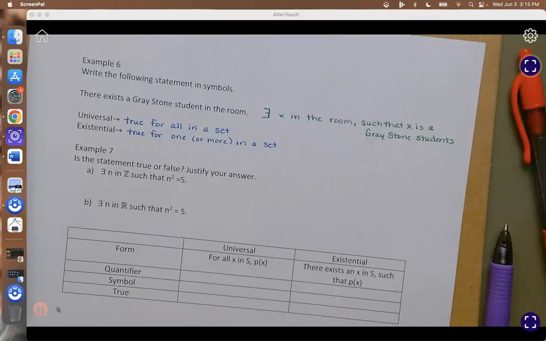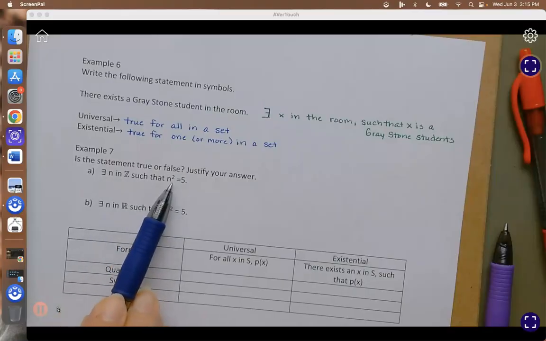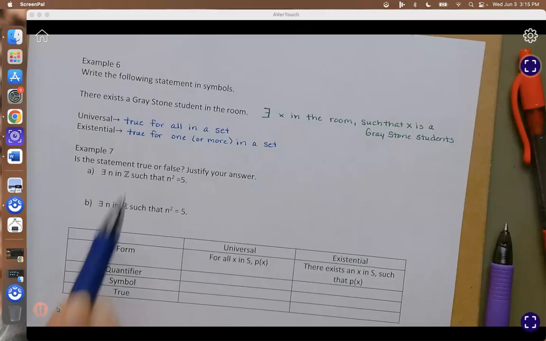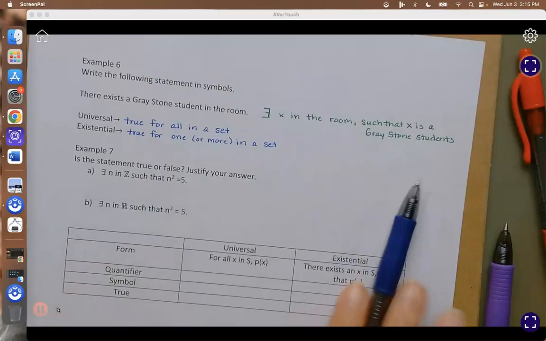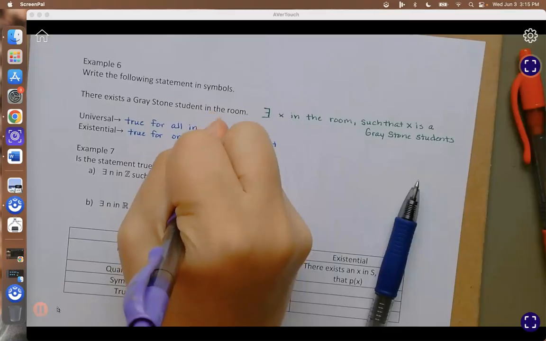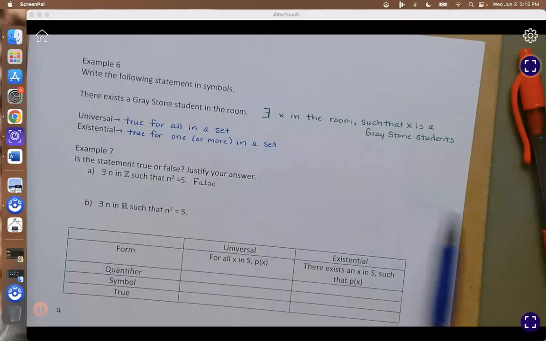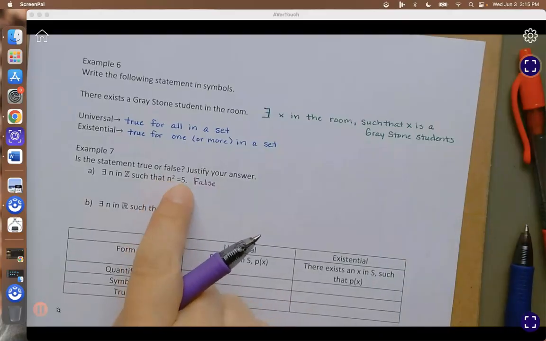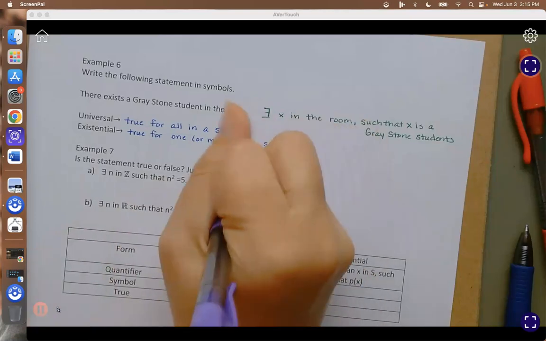Okay, there exists n in, what does this mean? Integers. So there exists an integer such that when you square it, it gives you 5. So integers are whole numbers. Can you square a whole number, positive or negative, to give you 5? No, you can't. So this one's going to be false. Okay, because the only thing you could square to give you 5 is the square root of 5, and that's not an integer.